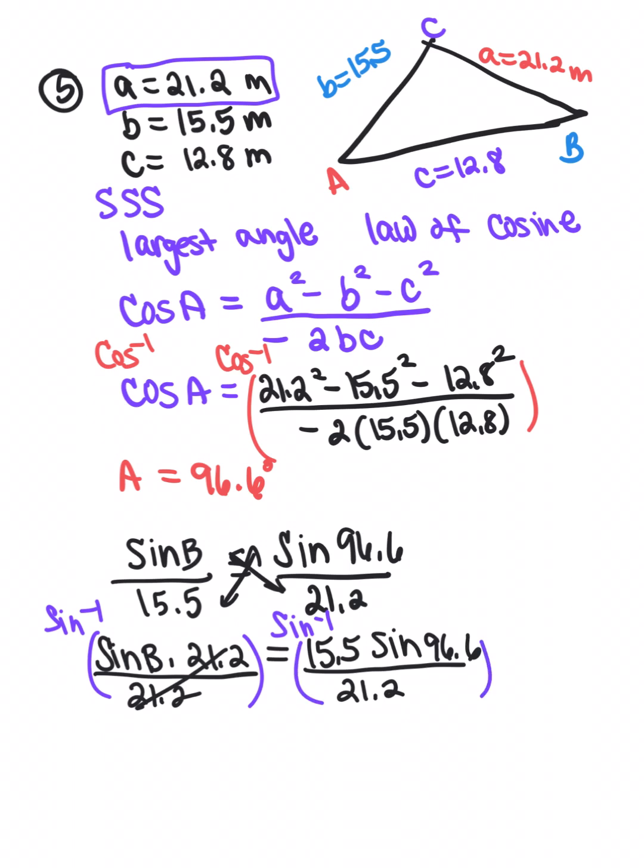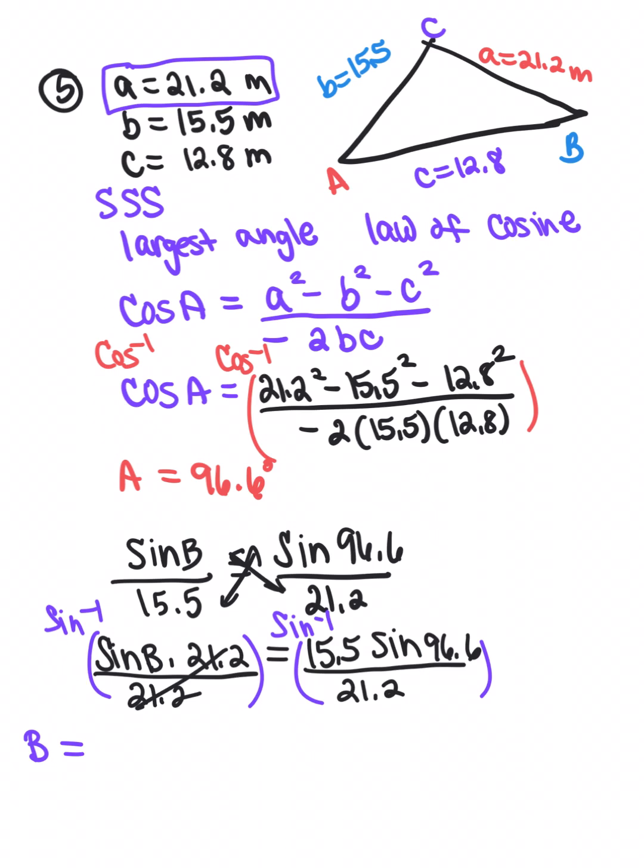And then we're going to take the inverse sine of both sides. So we have that B is equal to, once again, I'm going to hit second sine, so there's the inverse button. And then I'm going to hit alpha y, so then I get my fraction bar. And I'm going to type 15.5 sine of 96.6.